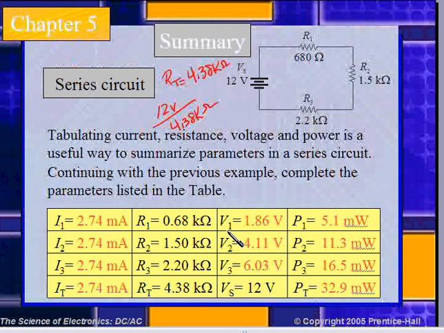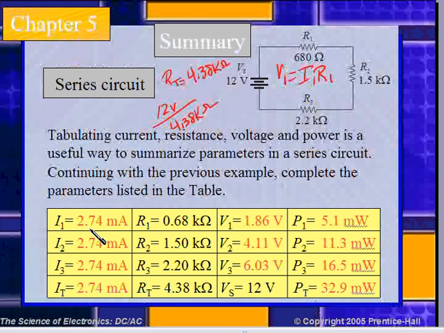Now, to calculate the voltage drops, V1, V2, V3, and my powers, I can use my current to do that because I have constant current through everything. I might as well use that as the identifier to help find the voltage drops and the powers. So V1 is current 1 times resistor 1.